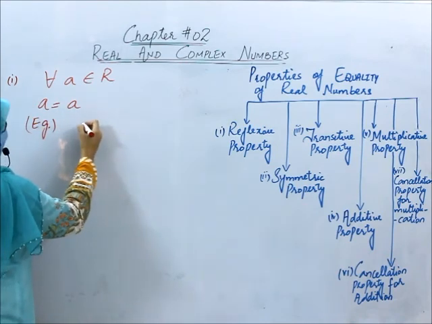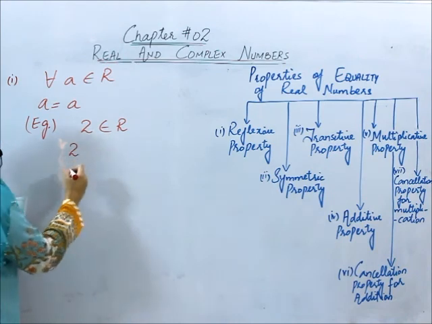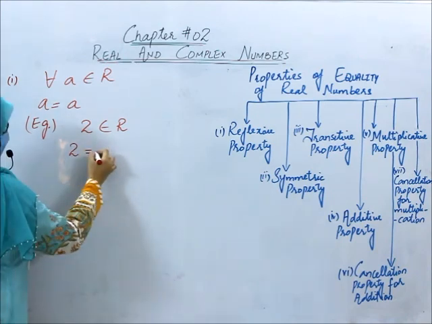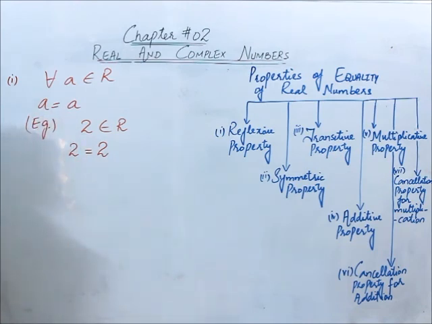If we have any real number, definitely this number would be equal to itself only. Can we equate a number with another number? No, a number is equal to itself only. So this is the reflexive property of the equality of real numbers.